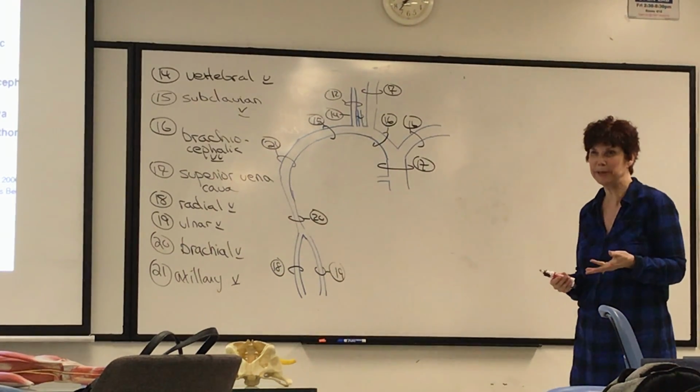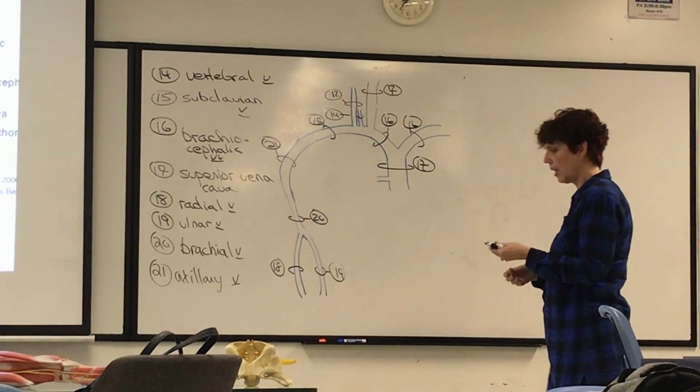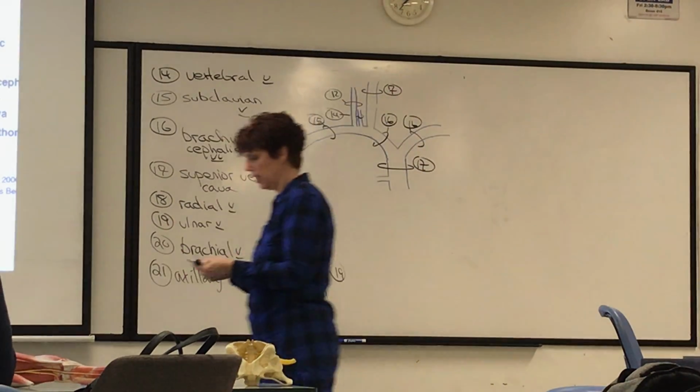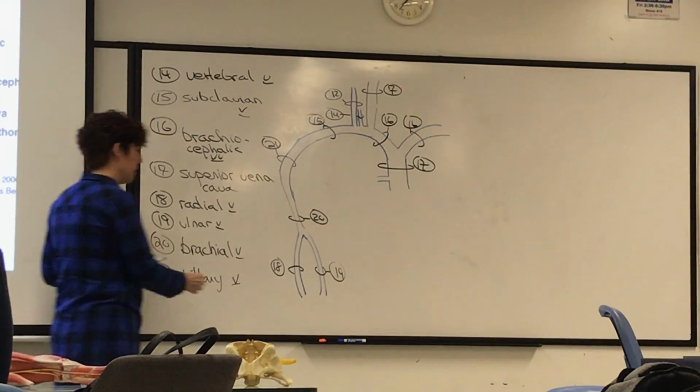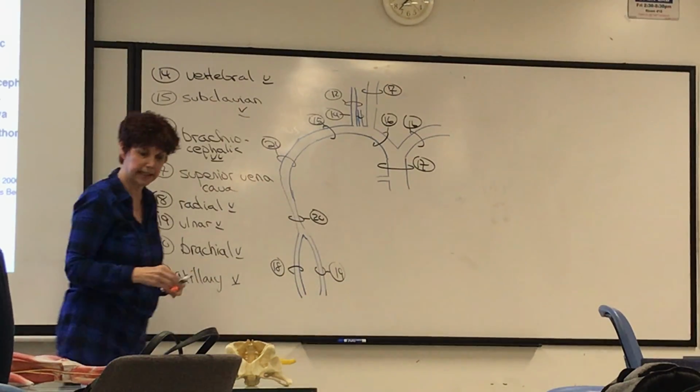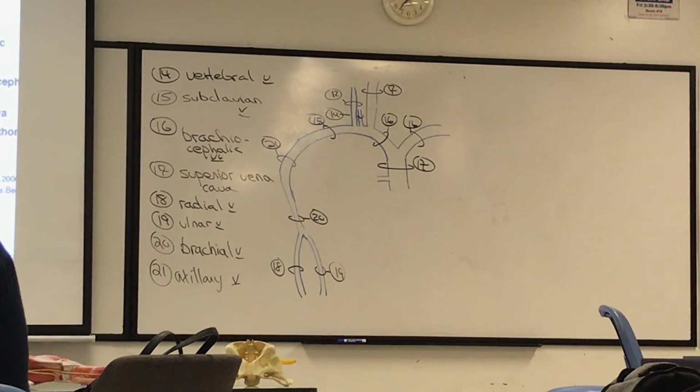But it's highly variable. So I'm going to give you two different patterns for the return of the superficial vessels, and the blood will eventually move into the axillary. One is called an H pattern and one is called a Y pattern, okay?